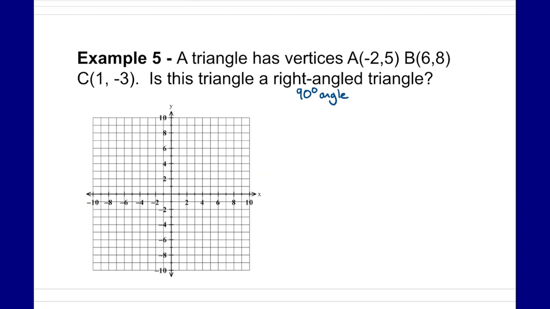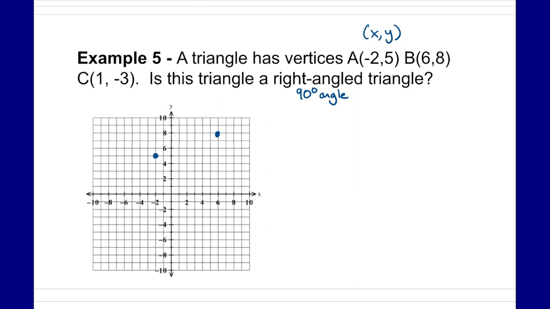Let's start with the information that we're given. We're given 3 points. So even if we have no idea what to do, let's graph those 3 points. Remember that for a point, it's x and then y. So negative 2 and then 5 is 1 point. 6 and 8 is another point.